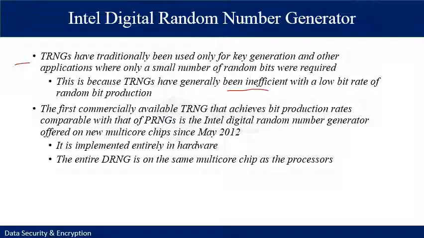This provides greater security than a facility that is provided only in a software component. A hardware-only implementation should be able to achieve greater computation speed than a software module. Secondly, the entire digital random number generator is on the same multi-core chip as the processor. This eliminates the input-output delays found in other hardware random number generators.